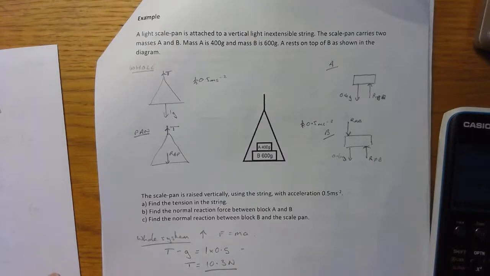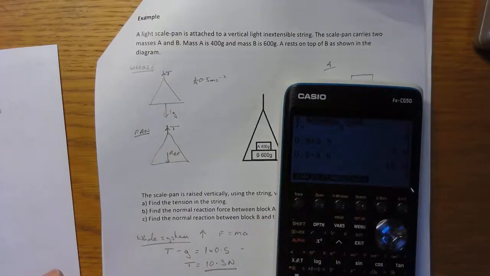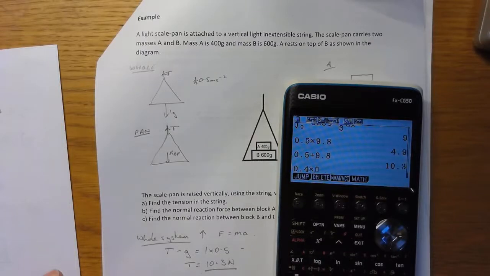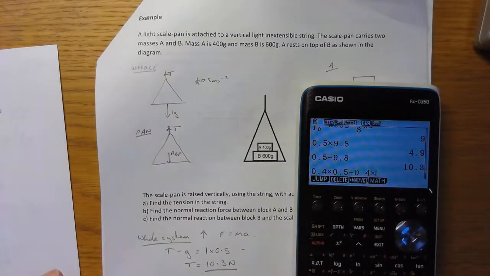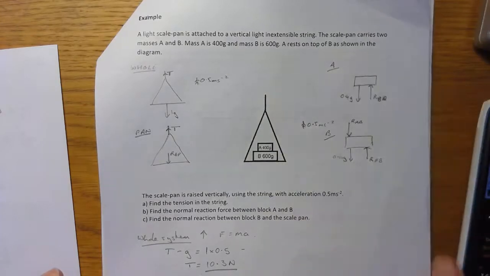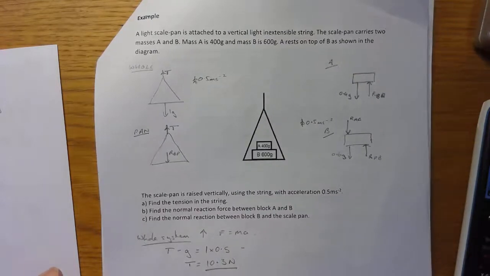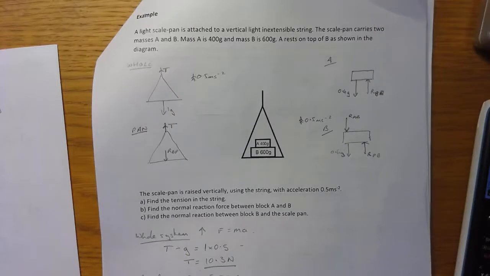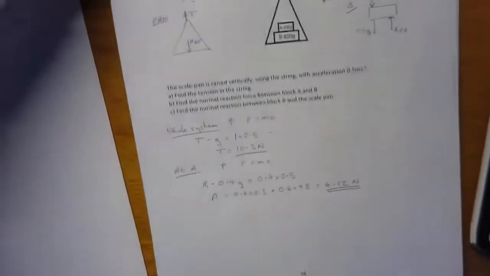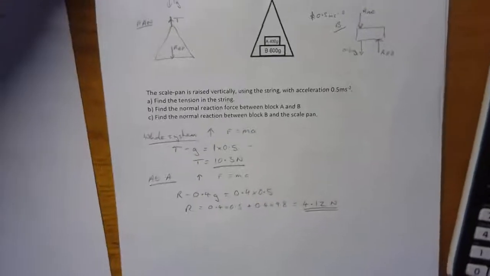So R is equal to 0.4 times 0.5 plus 0.4 times 9.8, which is 4.12 newtons. Sorry, I've gone off screen.